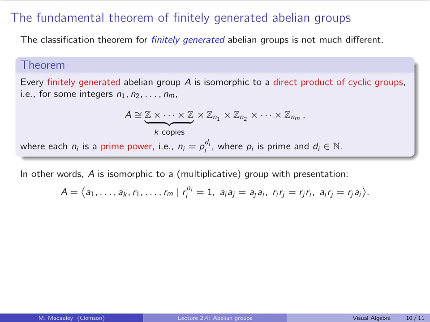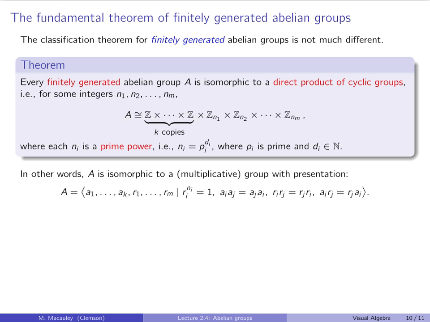The previous theorem classified finite abelian groups. There's a classification theorem of finitely generated abelian groups that's very similar. It says that every finitely generated abelian group is isomorphic to a direct product of cyclic groups. Same first sentence as before. But in this case, we allow copies of the integers because we're only assuming that they're finitely generated, not necessarily finite.